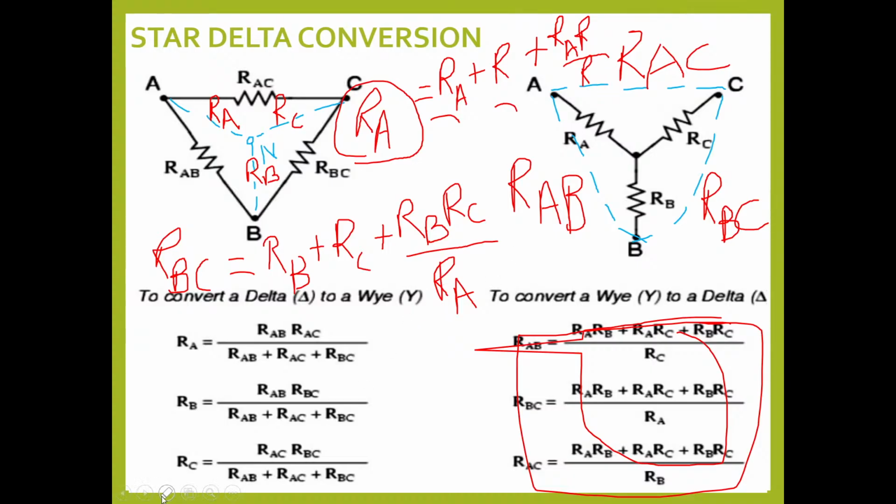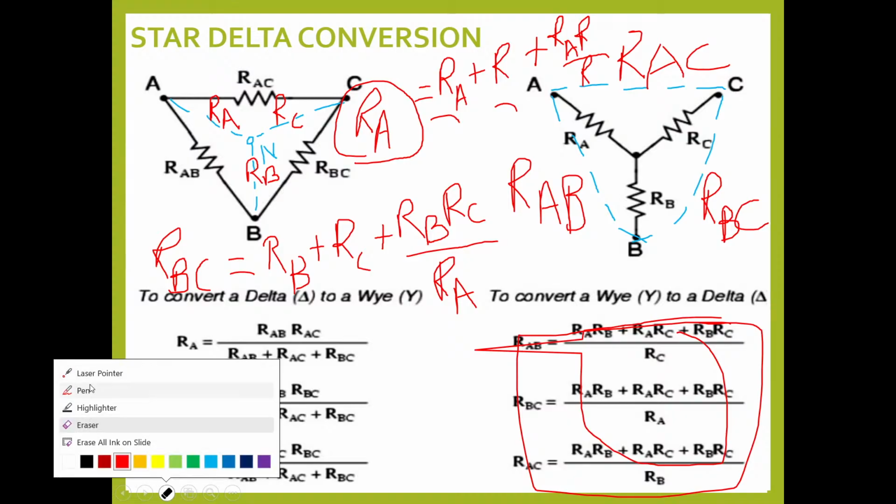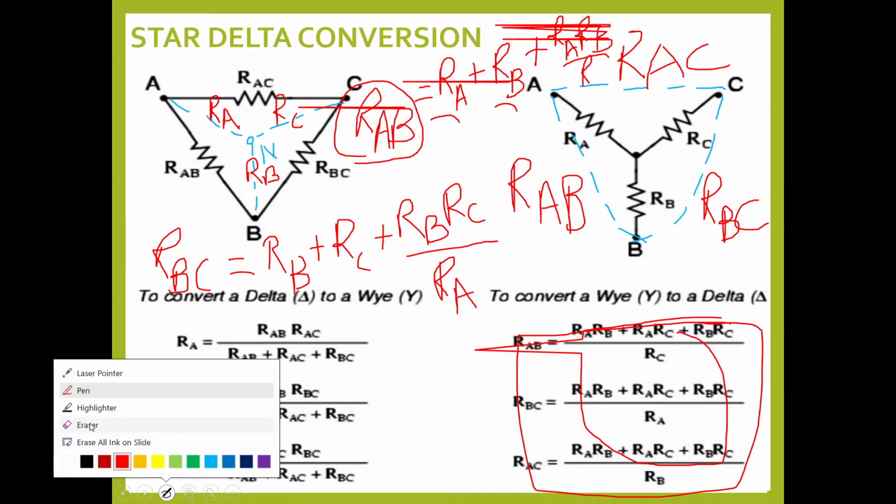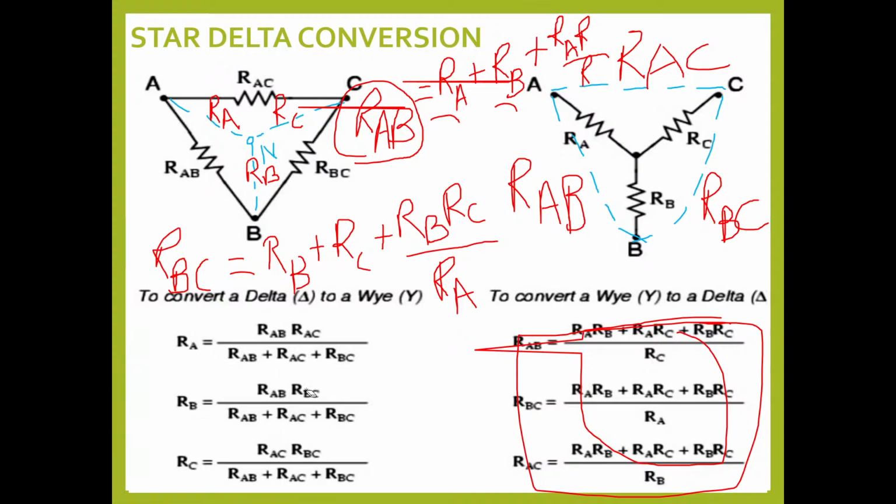So RAB is equal to RA plus RB plus RA RB, whole divided by what is left over? RC.